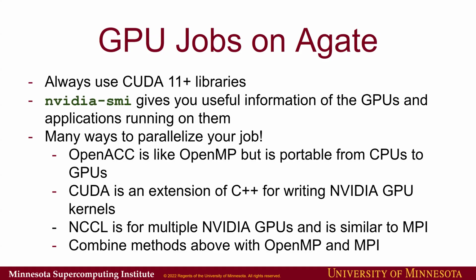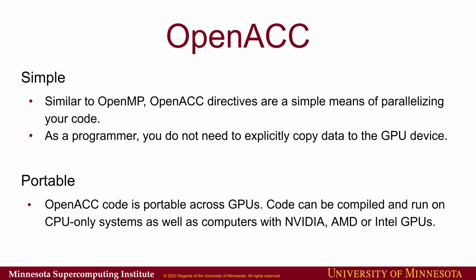Next slide. So OpenACC, what's good about it is that it's simple. It's like OpenMP, and you basically have directives that you put into your file, and it's a fairly straightforward way of parallelizing your code. You generally don't need to explicitly copy your data to the GPU device. It'll do that automatically when you port it to the GPU.